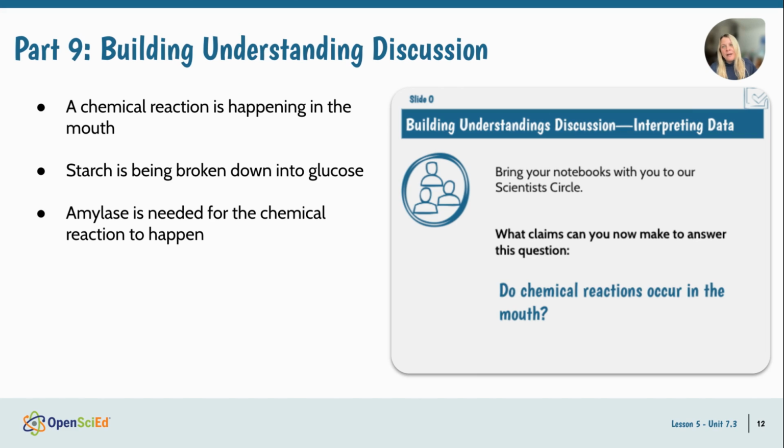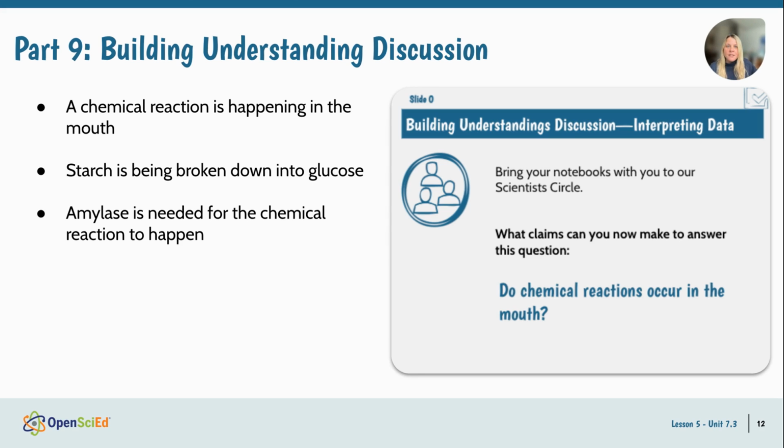Now, during part 9, the building understandings discussion, this is the final key moment where your students take the time to process the data that they've collected from their investigation and make sense of what they've figured out. Your students will now know that a chemical reaction happens when starches interact with enzymes in our saliva.